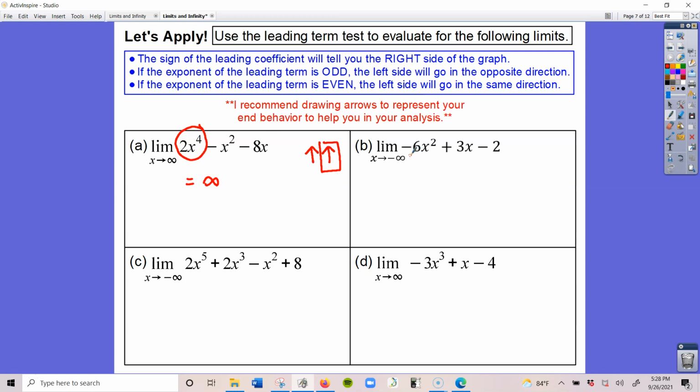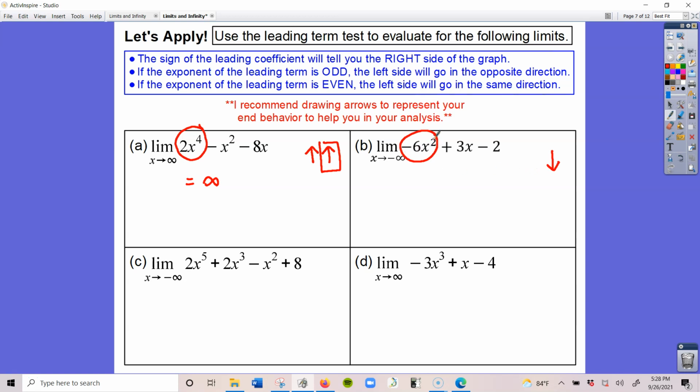Now in this example, we have the limit as x is approaching negative infinity, and we have the polynomial negative 6x squared plus 3x minus 2. My leading term is the negative 6x squared. Because it's got a negative coefficient, that means that the right side is going down.